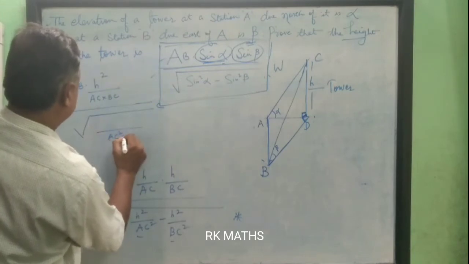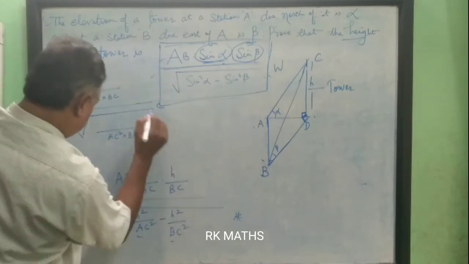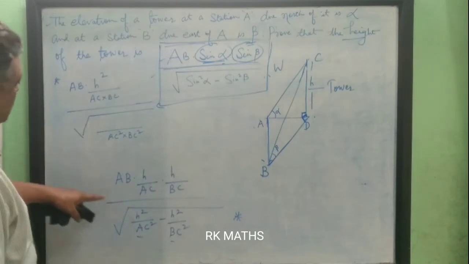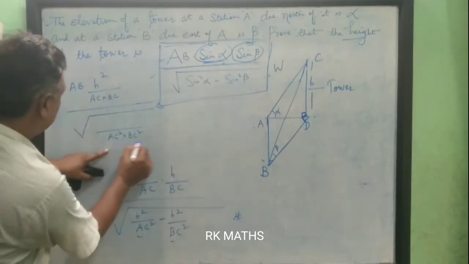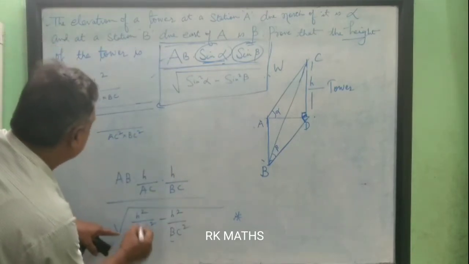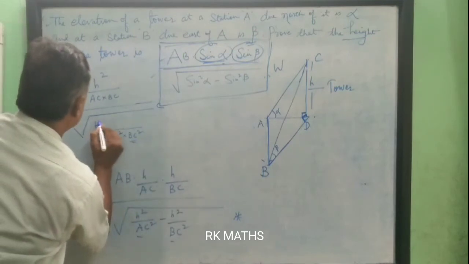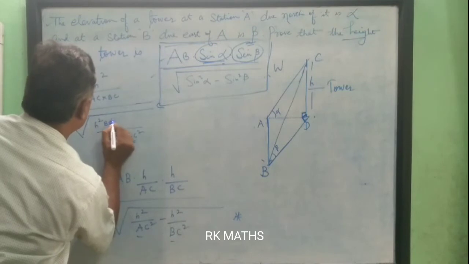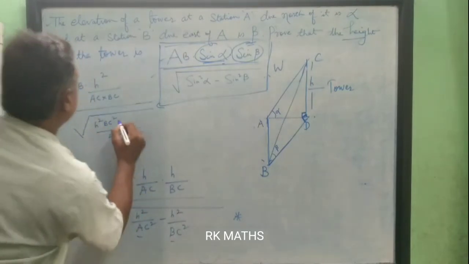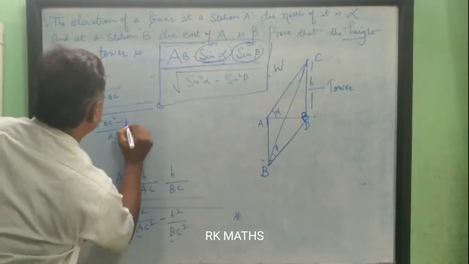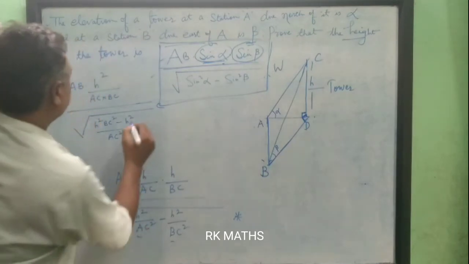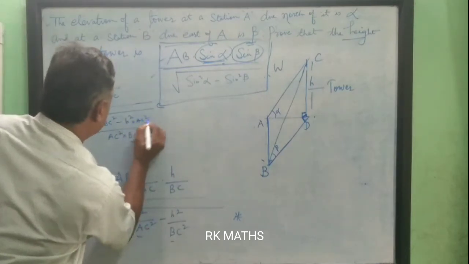So this will be AC square into BC square. Now divide this whole part by AC square. So this will be left multiplied by h square, so h square into BC square. Similarly here it will be minus h square into AC square.